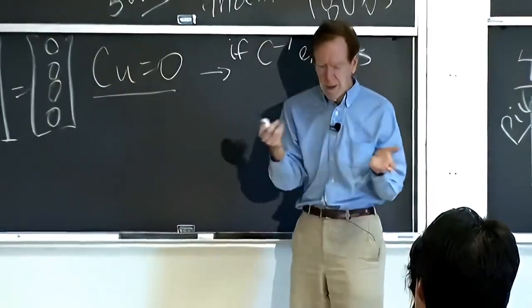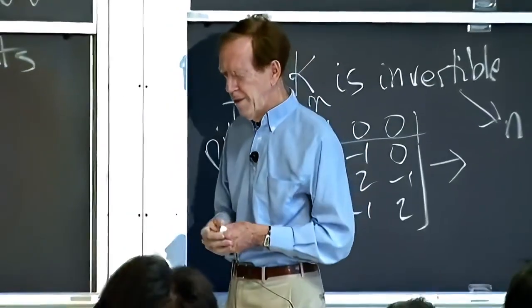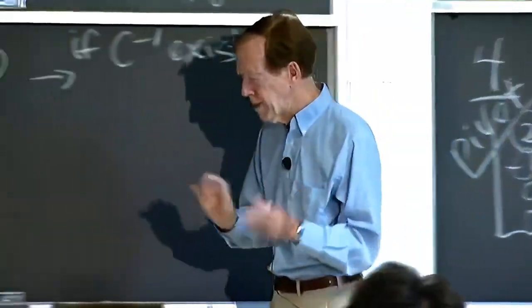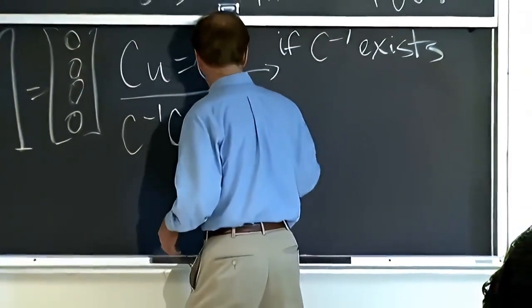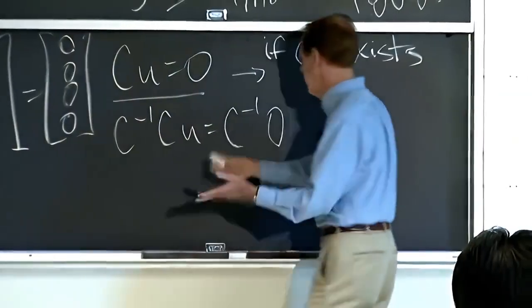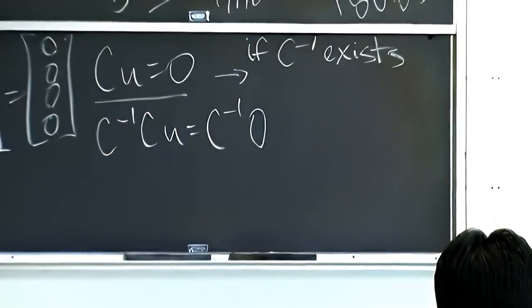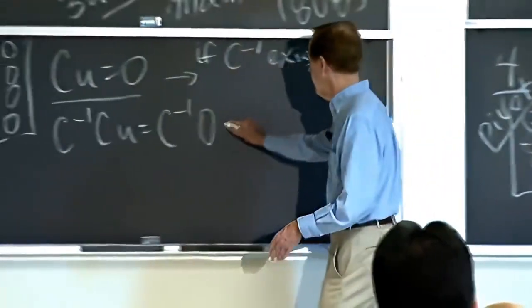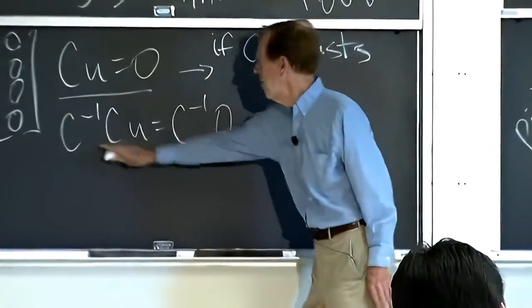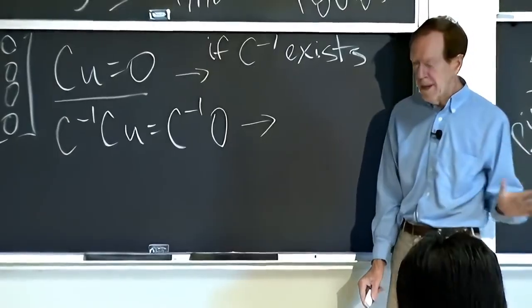That's the same as in ordinary language. Do the same thing to all the equations. If I multiply both sides by the same matrix, here I would get C inverse CU equals C inverse 0. And what does that tell me? I made it long. I threw in this extra step. You were going to jump immediately to C inverse C is I, the identity matrix.